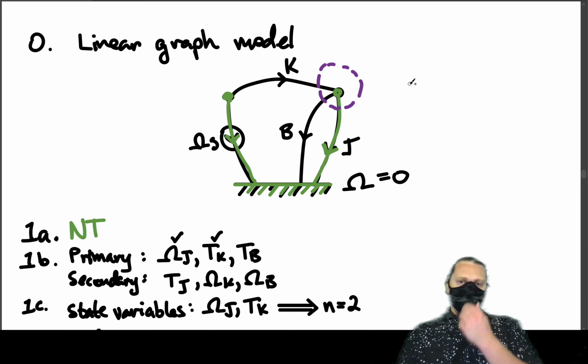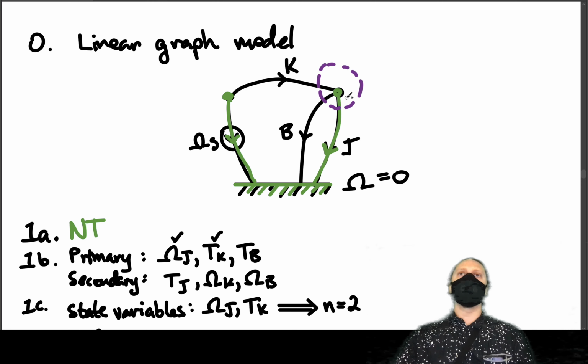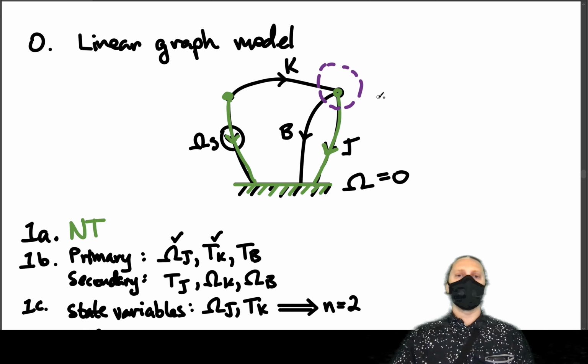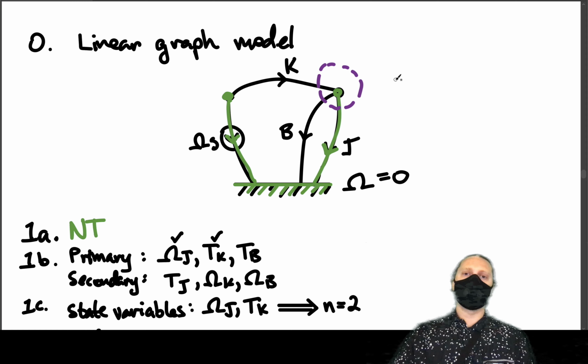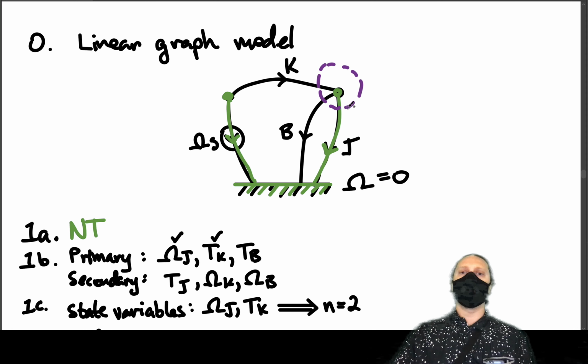Now, when you take a contour to just be around a node, like we did here, this is going to look just like a KCL equation. It's just like a node equation. Everything that goes in has to come out. If you sum up everything that goes in, it has to equal 0. So it's just like a KCL equation, but with the through variable in this case of torque, Tj.